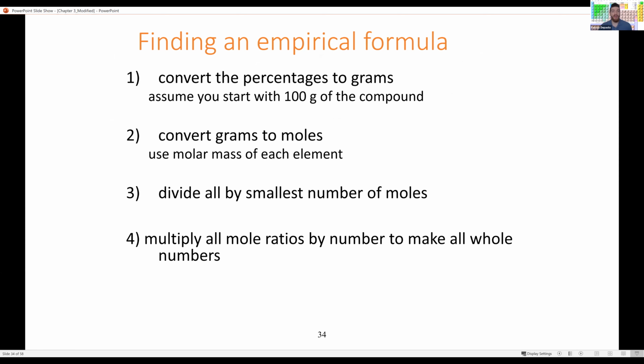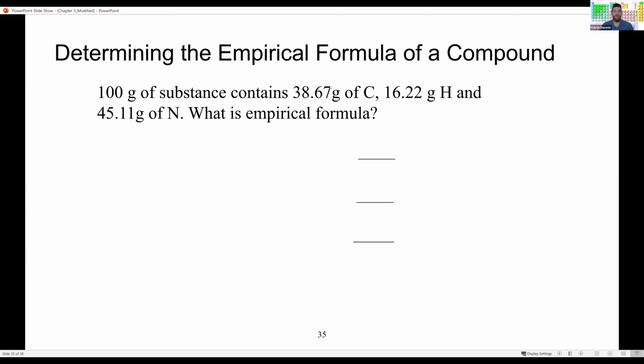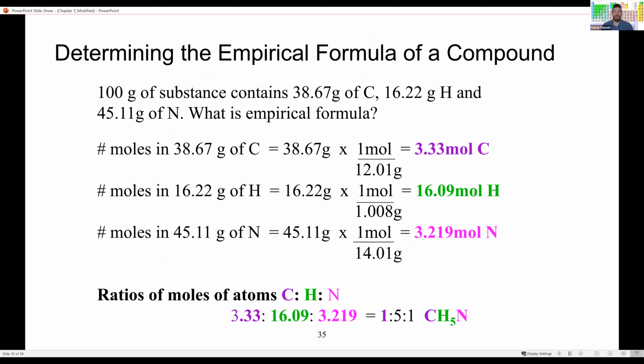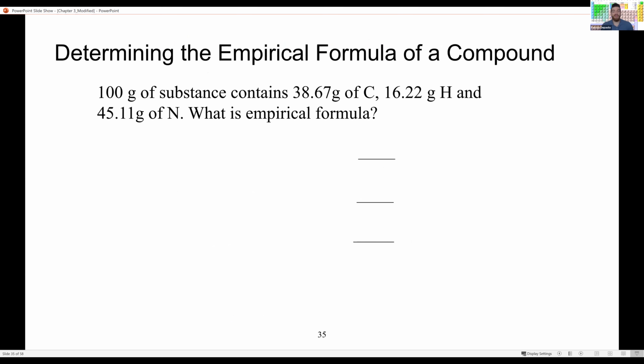Then you convert grams to moles, just like we talked about last class. So you now have the grams, 38 whatever grams of carbon, you divide that by 12. The hydrogen you divide by 1, the nitrogen you divide by 14, which are the molar masses, the average atomic masses of carbon, hydrogen, and nitrogen respectively. That will give you the moles.